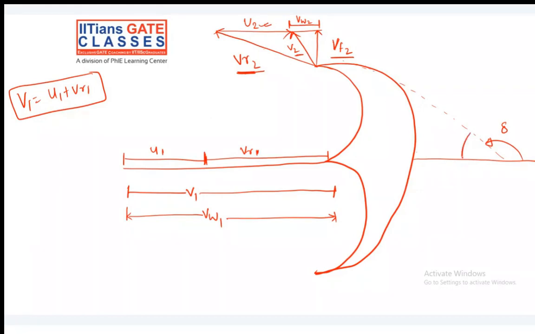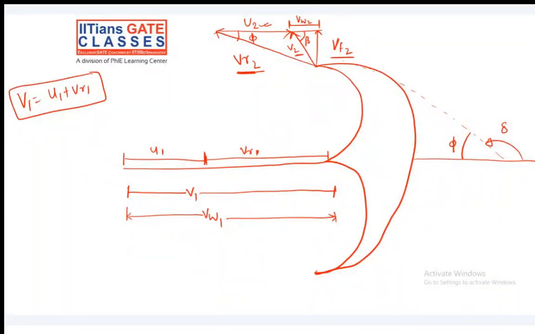So this angle, let us say if this is phi, then this angle is also phi. This angle is also phi, and this we have denoted as beta. And what did we know about it? It is the angle between whom? V2 and Vw2.